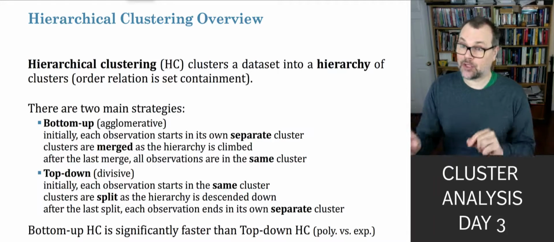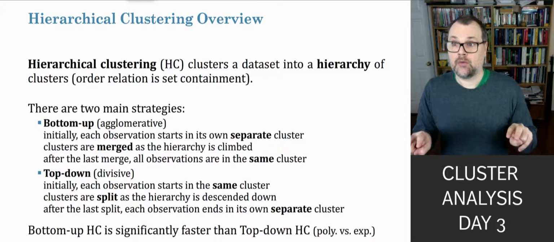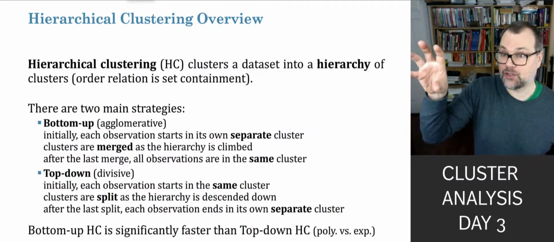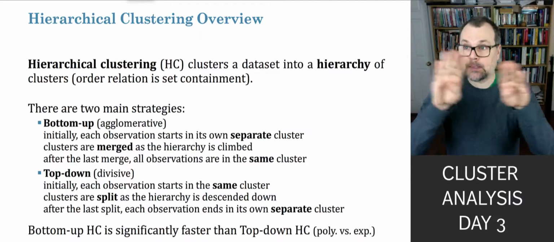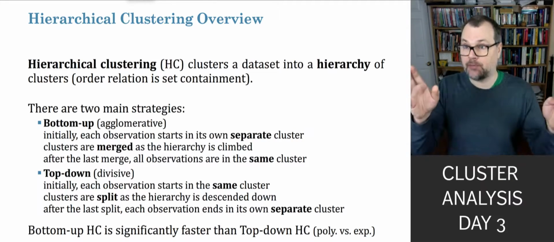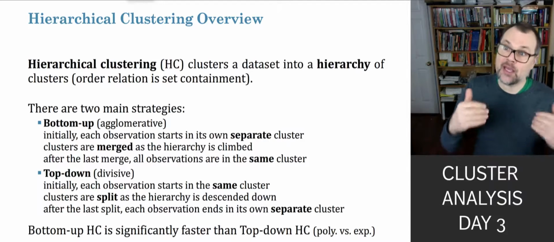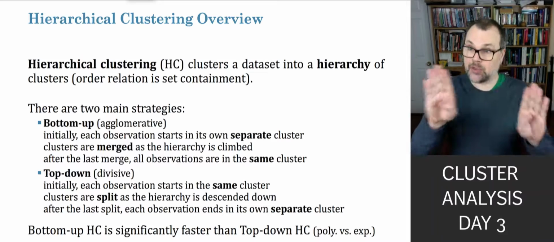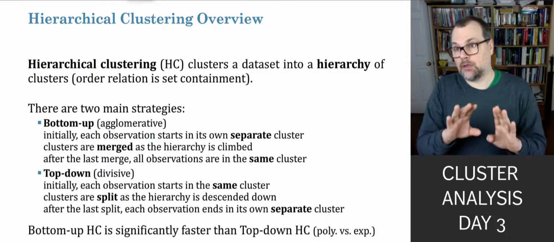It's easy to measure the distance and similarity between observations, but if I have a cluster of 5 observations here and a cluster of 7 observations here, what is the distance between the clusters? What does that mean? Now we call this the linkage strategy. The way in which we compute the distance between the clusters is the link between the clusters.